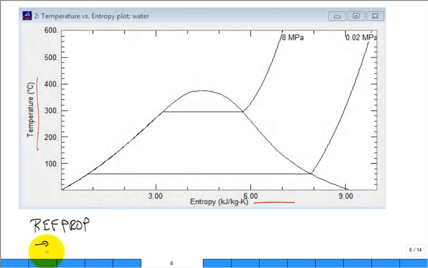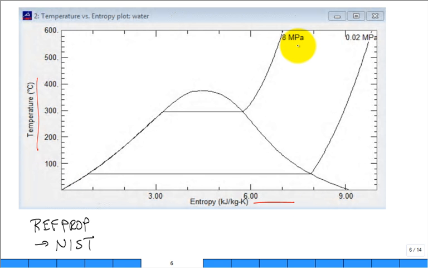It's put out by your federal government, National Institute of Standards and Technology. They're in Boulder, I think, Colorado office. You can purchase it professionally, or you as a student, you can download a pretty good version with a lot of steam properties. But the professional will allow you to do so many other fluids.